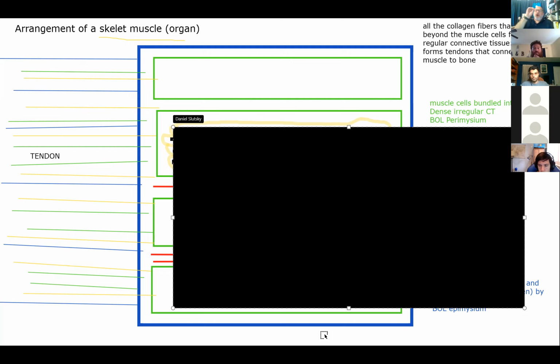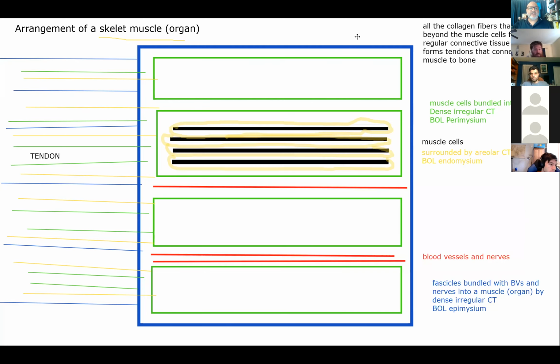In fact, we're going to get all the way down to the individual proteins inside of this. And once we have learned all the individual proteins that are found inside of this, then we'll be able to understand how they work together to allow for our muscle to contract. Excellent. So let's do that.